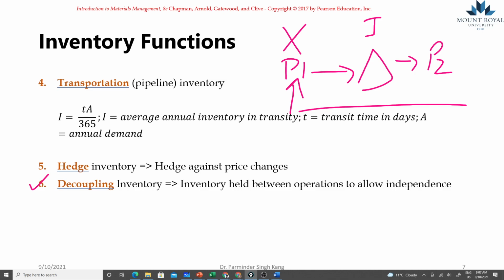Then from the supply chain perspective, your warehouses and distribution centers are working as decoupling entities, right? Because if your retailer needs to order every time from your manufacturer, it's going to take very long. The lead time can increase exponentially because manufacturers have limited capacity.